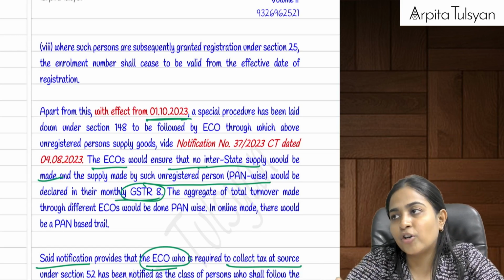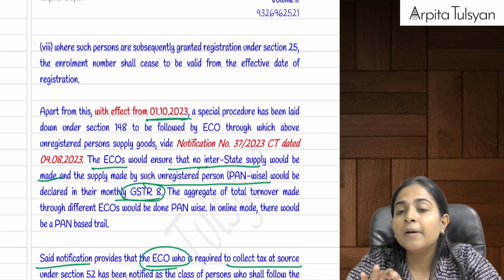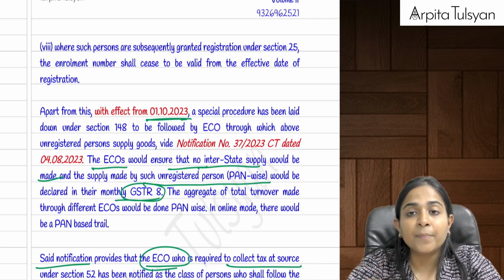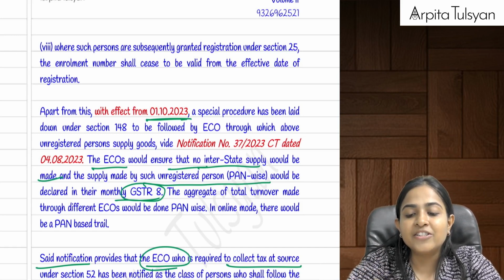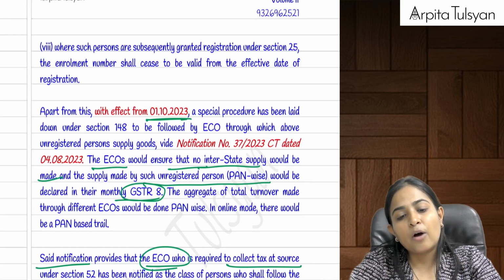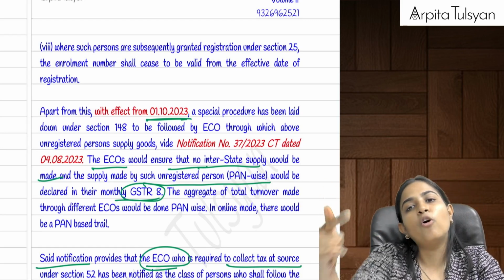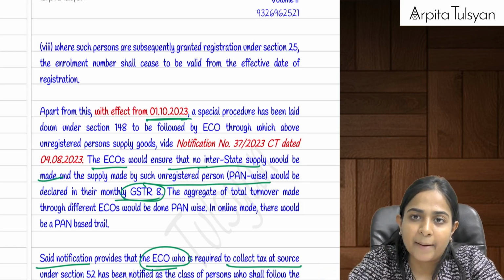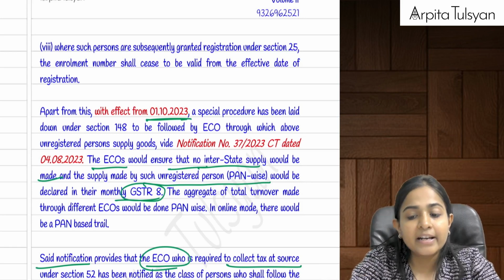They will have to make sure that these composition taxpayers are not doing any interstate supply, that ECO is collecting the TCS from them and paying it to the government, and ECO will furnish all their details in GSTR 8 electronically. Earlier it was not allowed; now they have allowed composition taxpayers to provide goods through e-commerce operators. So that can be done, but a track on the turnover needs to be kept, right? That information will be furnished by the ECOs while filing their GSTR 8.